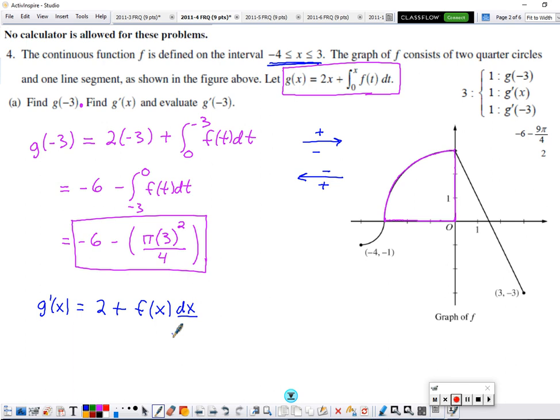Let's say I'm taking the derivative of g of x, so this is dx, minus, same thing with the lower limit, and we want to talk about that. That's a memorized fact. That's straight off your flashcard.